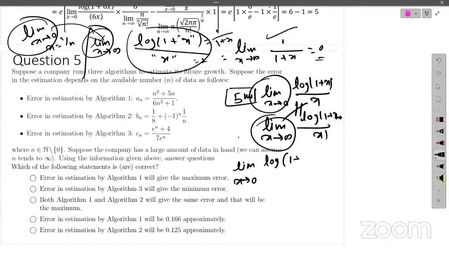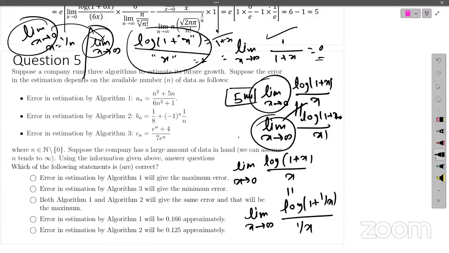That means the limit as x goes to 0 is the same as the limit as x goes to infinity of log of 1 plus 1 by x upon x. So here we are changing the limit, but simultaneously making changes in the function in such a way that the sense of the limit is preserved.